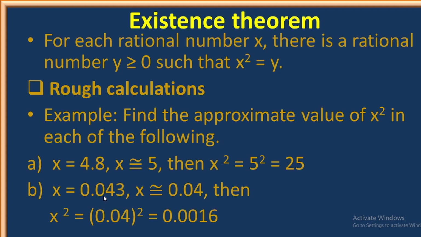So 0.043 can be rounded to 0.04. It's possible because the last digit is 3, and it is rounded to the lower one, that is 0. So it can be 0.04, and its square becomes 0.0016.